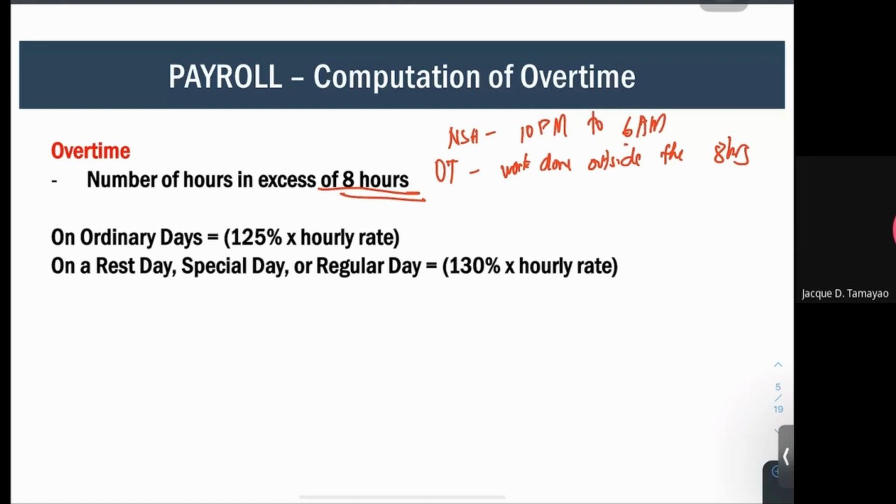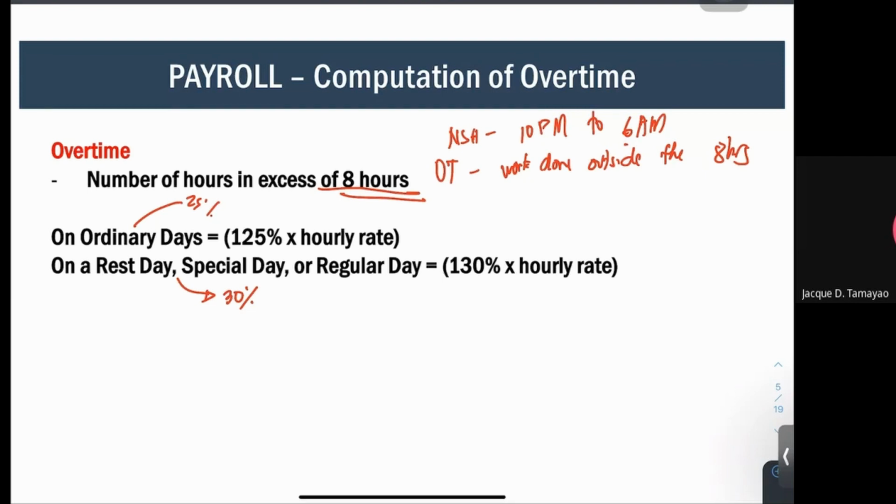So in excess of 8 hours. So it is 25% for ordinary days. If that is a rest day, special day, or regular day, 30%. Again, 25% on ordinary days and 30% on a rest day, special day, or a regular day.